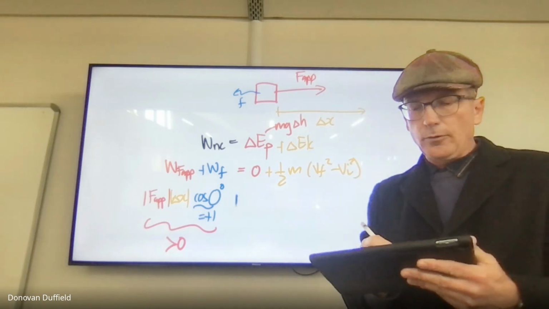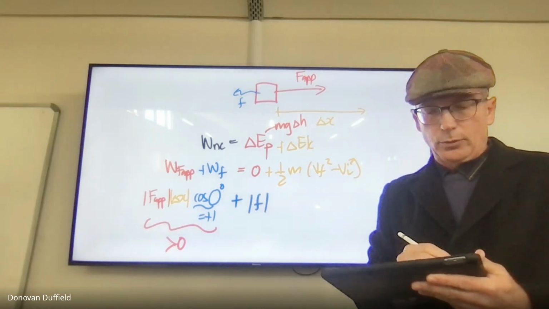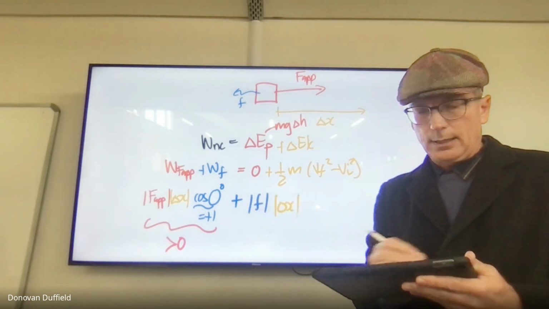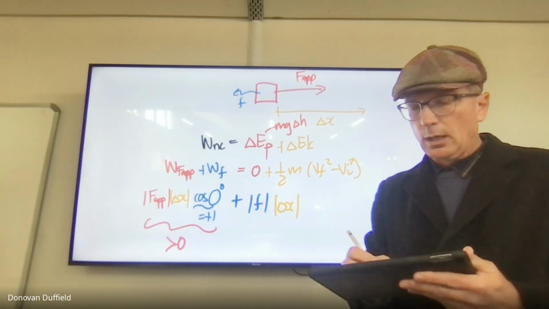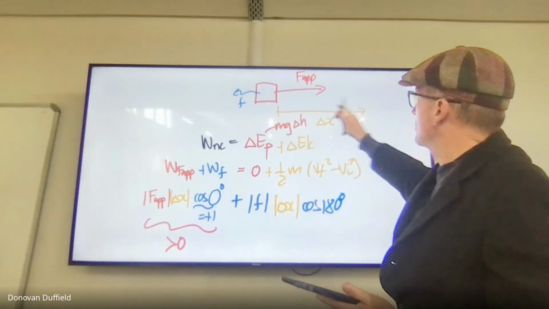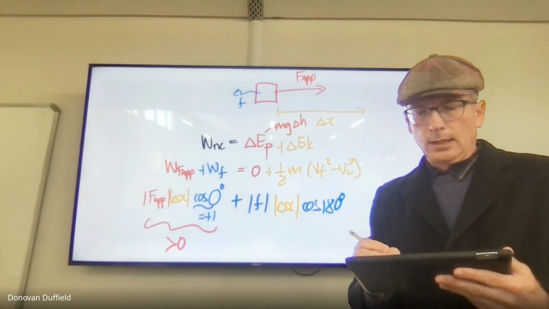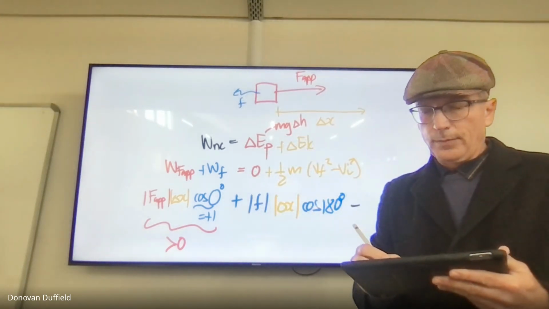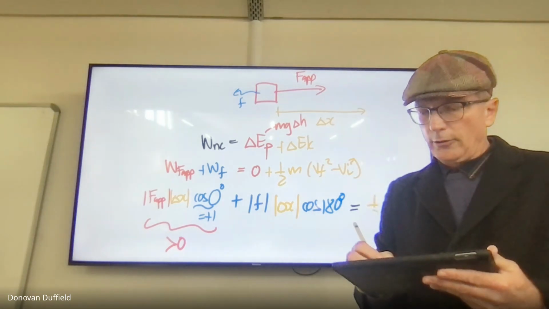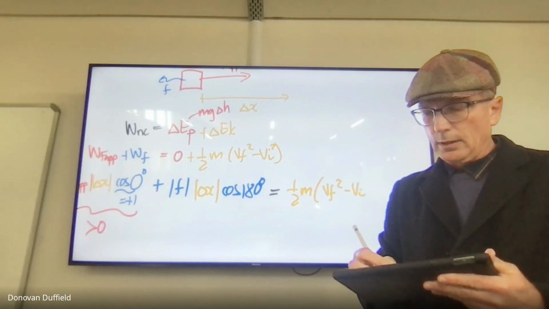But WF, the frictional force, is the magnitude of the frictional force, magnitude of delta x, wait for it, cos 180 degrees. Change in position is 180 degrees to the friction force. And this will equal a half m v final squared minus v initial squared.